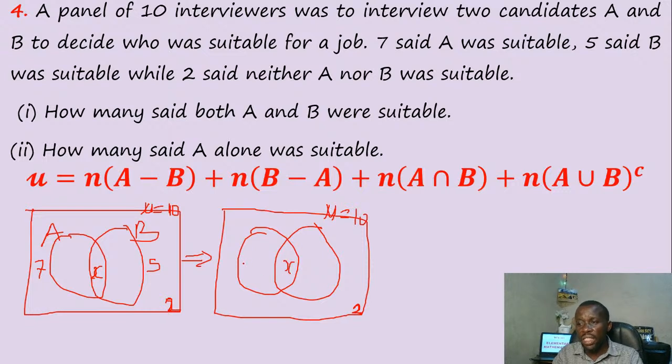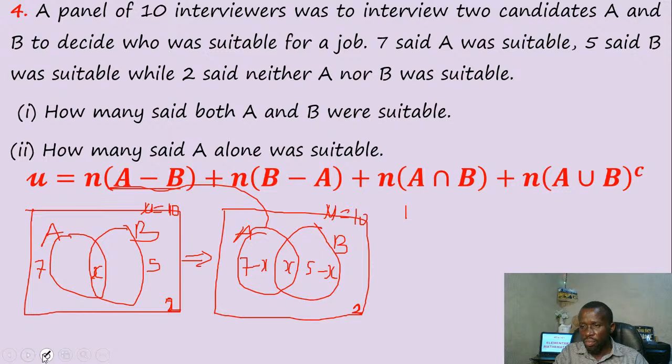If I want to take the 7 inside, it becomes 7 minus X. If I have to take the 5 inside, it has to be 5 minus X. So this is A, and this is B. Remember that 7 minus X is the same thing as A minus B. I've explained that one earlier.